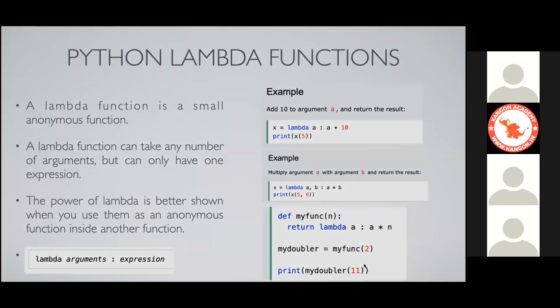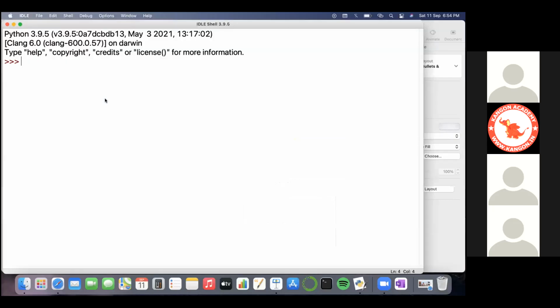x equals... Yes, please. So you're saying it can have multiple arguments, but it only has one expression. What do you mean by that? Only one expression means that after the colon, you can only write one expression. Can there be multiple arguments in the normal function?